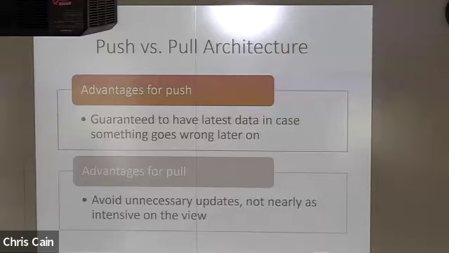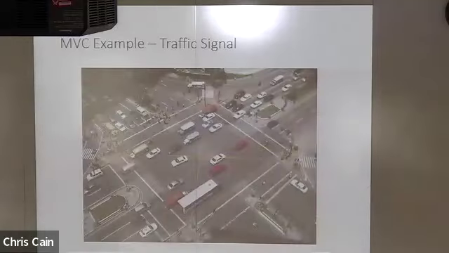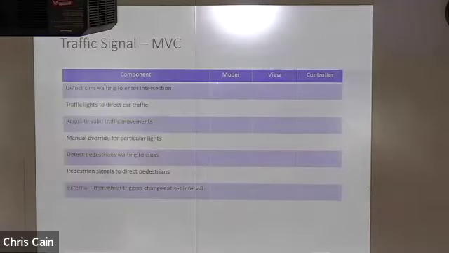Let's take a look at an example of model view controller in practice. So we're going to look at a traffic signal. You can imagine writing a program for a traffic signal. It's going to have a few components.